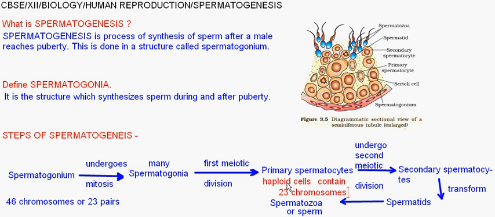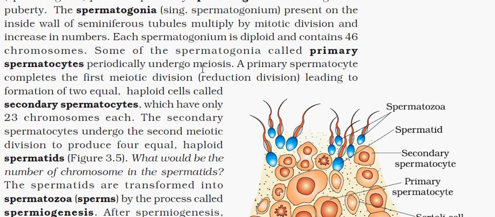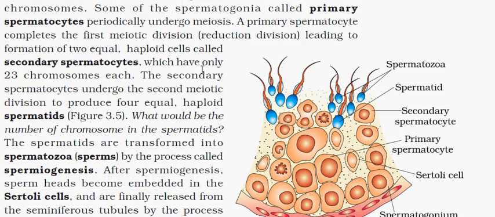Now coming to the detail again. Each secondary spermatocyte produces 4 equal haploid spermatids. Then spermatids are transformed to spermatozoa or sperm, as I told.